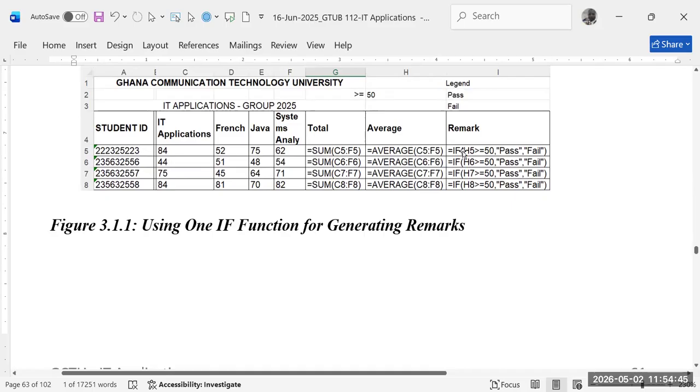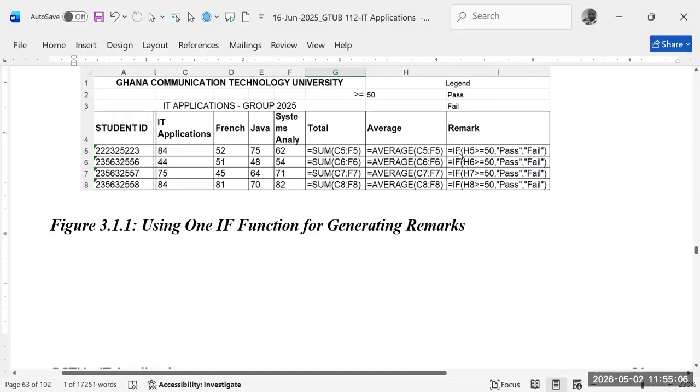We could use the total here, but total will be more than 100, so normally we use the average to determine. You are aware that when your average is 50 or more, pass.